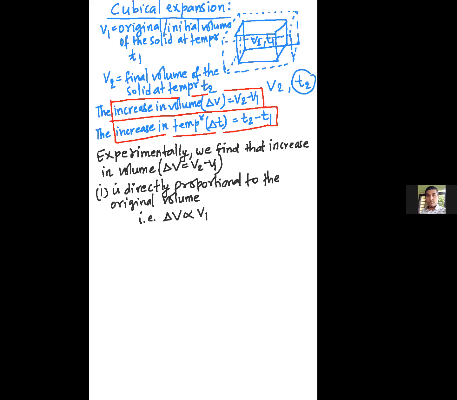Next, it is directly proportional to the increase in temperature.